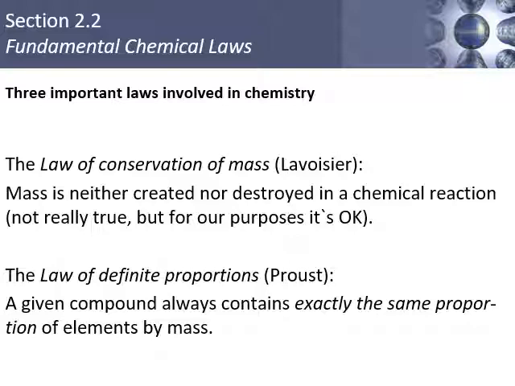So, for example, for water, all the water is going to have 2 hydrogens for every oxygen, because the formula is H2O. He didn't necessarily understand that, at least not completely at the time that he wrote this law, but it's still true today. And then next slide.